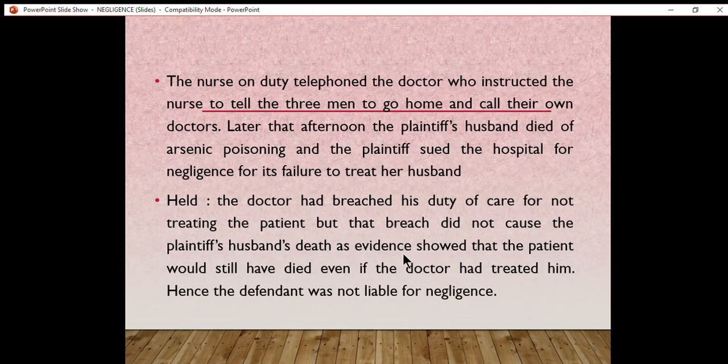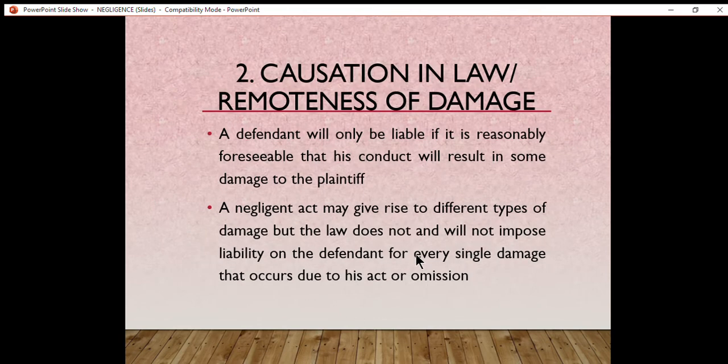Even doktor tu cepat sekalipun selamatkan dia, rawat dia, the patient would still have died. And the defendant was not liable for negligence. So in this case, the hospital was not held to be liable.